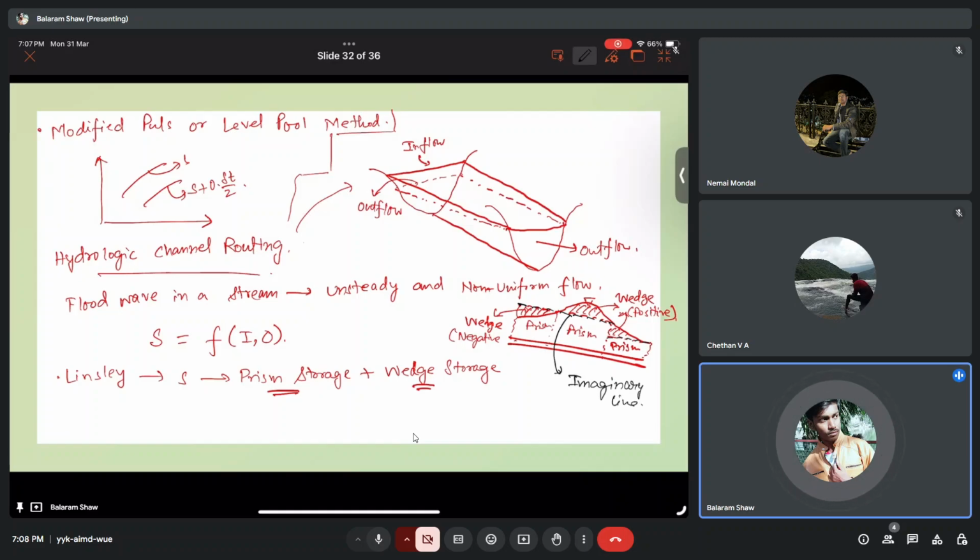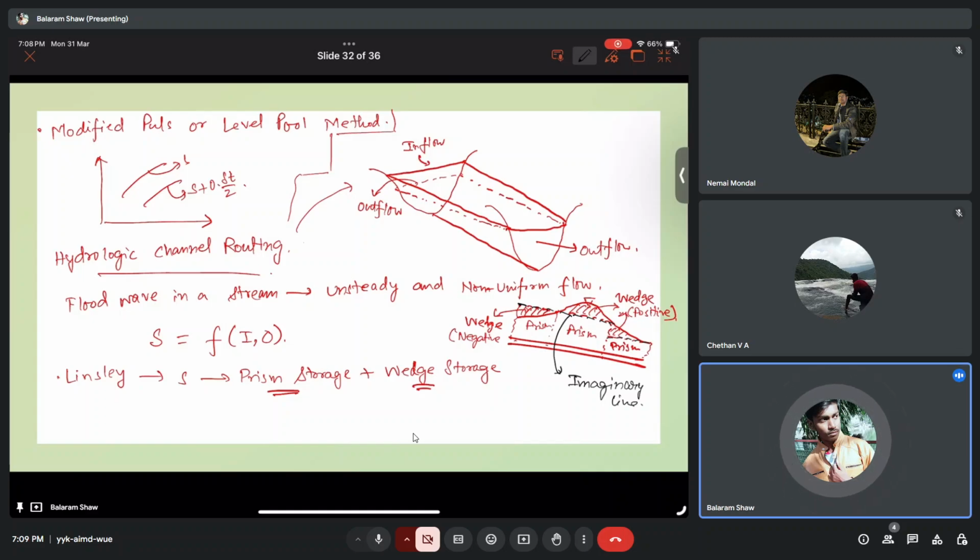Now, the volume of water that is stored below an imaginary line drawn parallel to the channel bottom, starting at the outflow section water surface, we call that prism storage. And what is wedge storage? Wedge storage is the volume of water between the imaginary line and the water surface profile. Okay. So we have just defined the wedge storage and prism storage. I hope this is clear. Any questions here?